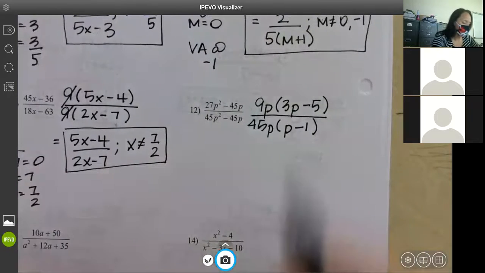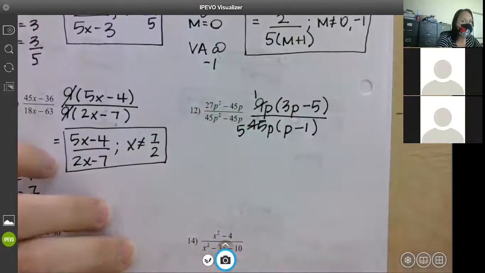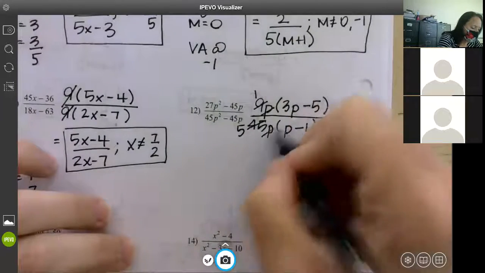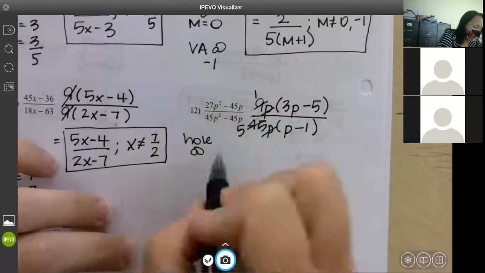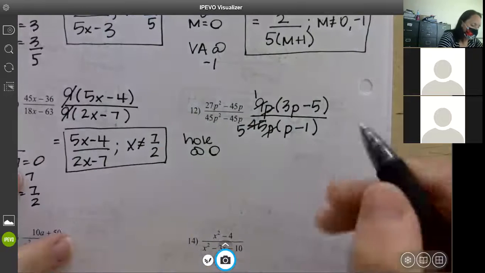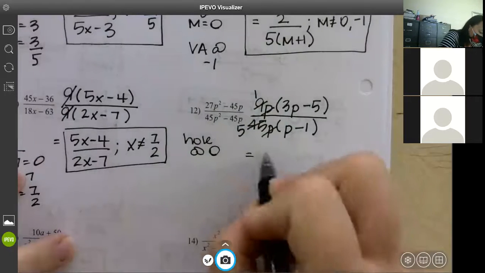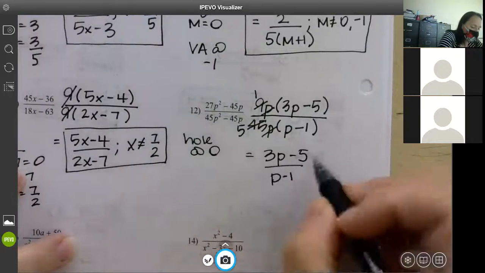My numbers will reduce. 9 over 45 reduces to 1/5. Your p's also cancel out, which causes what? A hole at 0. Anytime it's just a plain variable, it's going to be 0. Even if it were like 3p or 4p, that always causes a hole at 0. So my final reduced answer is 3p minus 5 over p minus 1.